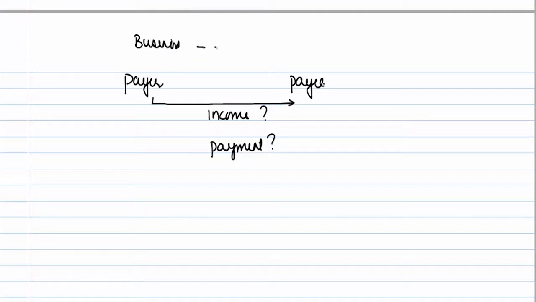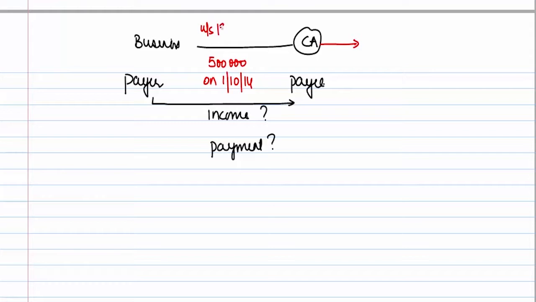The CA is a professional. Now, the payment made is 5 lakh rupees. Let's say this is made on 1/10/14. Now, on this payment, the businessman is to deduct TDS at 10%, 194J. We will do them in just a while.